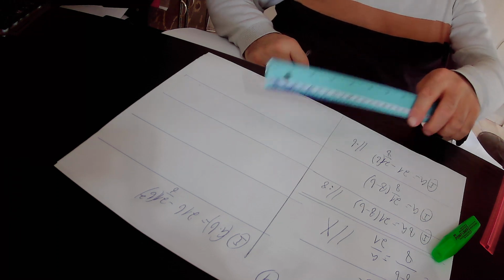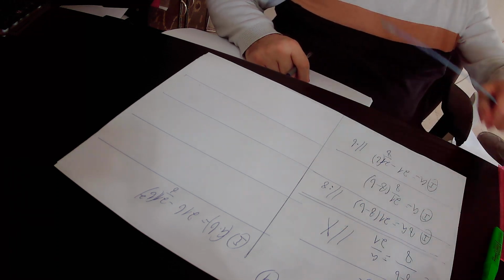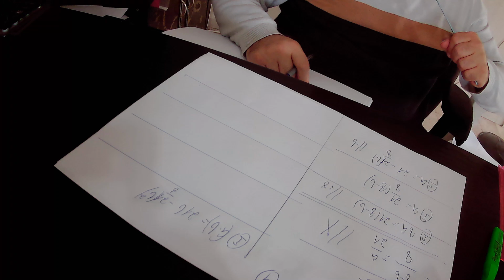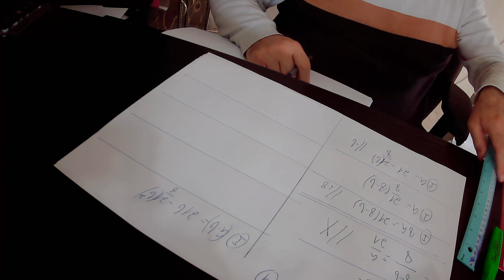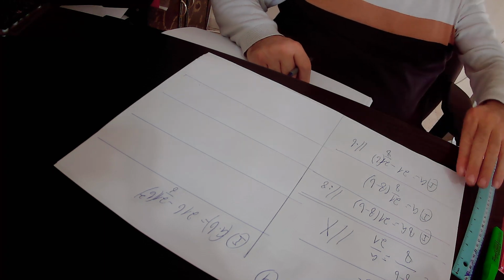So according to equation 1, A times B equals 21B minus 21B squared over 8. What is A times B?